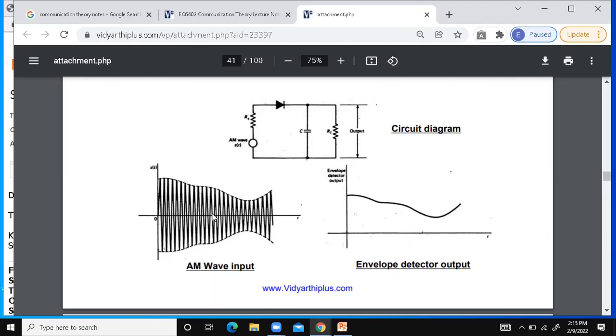Right. And it's going through here. If you notice, the lower half here will put your diode in reverse bias. So only your upper half goes through.